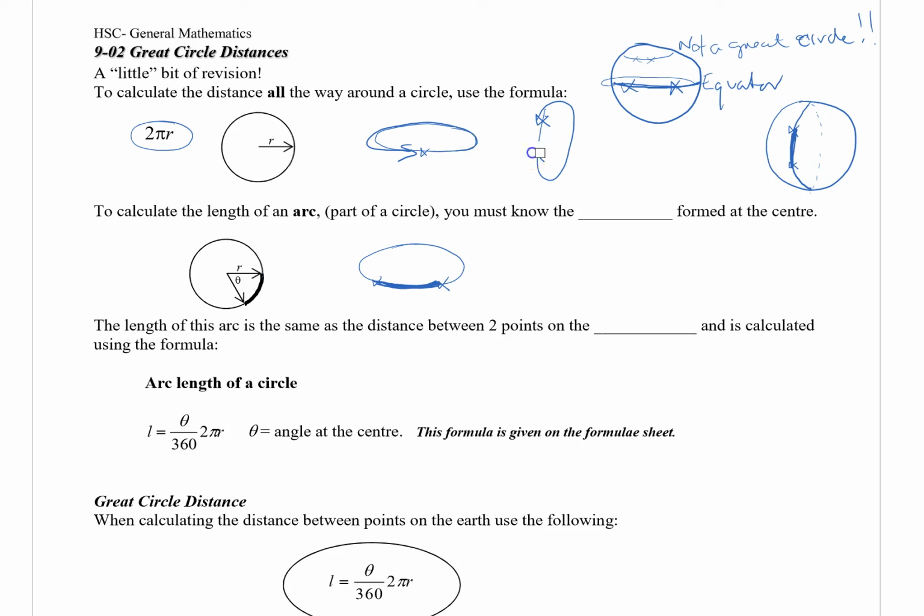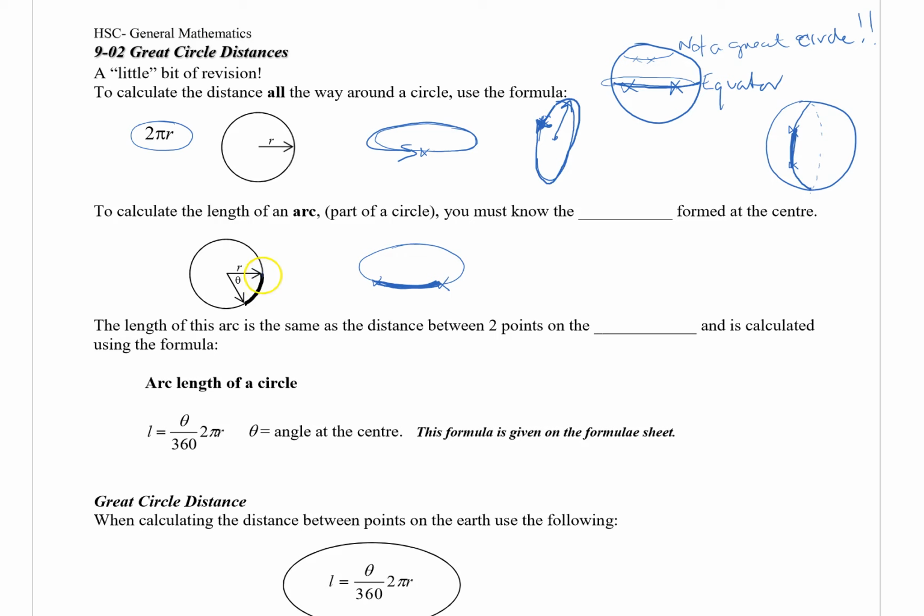If we're looking at a position here and we're going to go down through the South Pole, round the back and up through the North Pole back to this position, to find the distance that would be, we could also use 2 pi r, where again the radius is the radius of the Earth. When we don't want to go the complete trip around the Earth, then we might just want to find between two places.